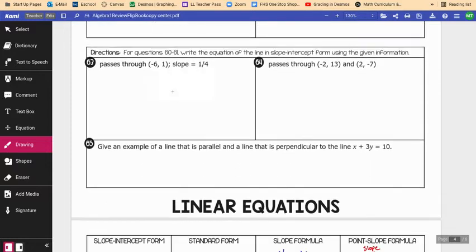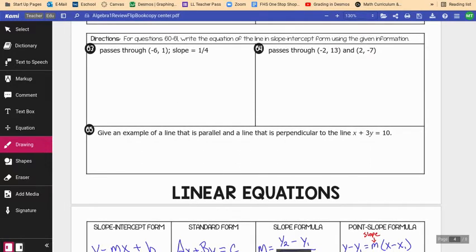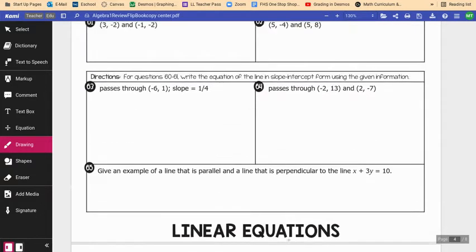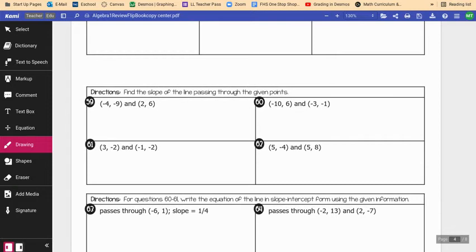So I'm going to use the slope formula that we wrote down, which is y2 minus y1 divided by x2 minus x1. So I'm just going to rewrite that up here. To find the slope, we take y2 minus y1 divided by x2 minus x1. Okay, so what does that mean?